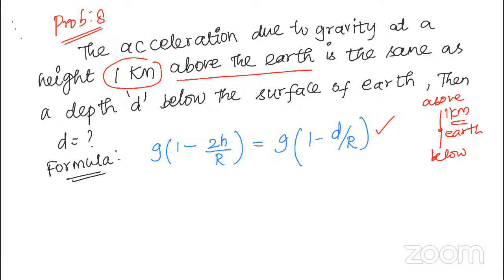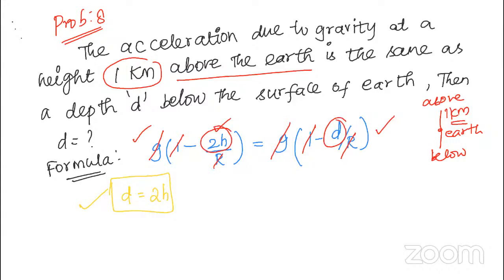Now we have to recall the formula, that is d is equal to 2h. This formula comes from this equation. Here g cancels, 1 cancels, r cancels. What is the remaining? 2h and d.